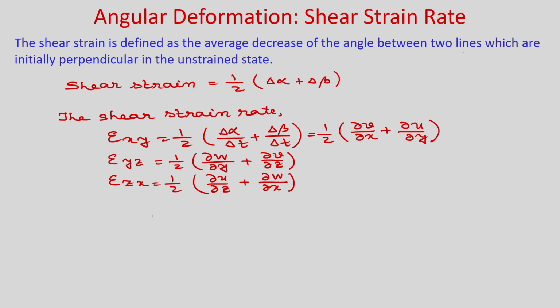Obviously, from here you can see that shear strain rates are symmetric. In terms of tensor, epsilon i j we can write as half del u j by del x i plus del u i by del x j. And you can see that epsilon i j is equal to epsilon j i, so this is a symmetric tensor.